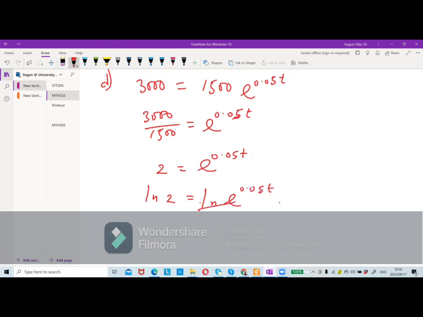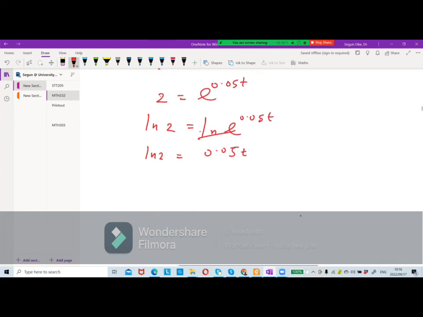So this will cancel this. I have ln 2 equals 0.05t. Divide both sides by 0.05. You have ln 2 divided by 0.05 equals t.